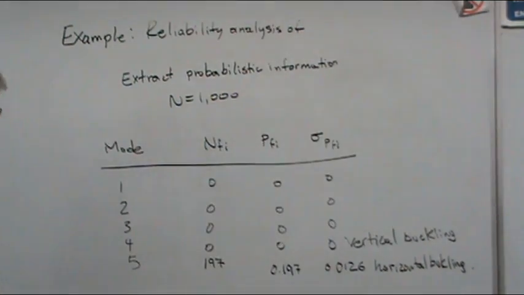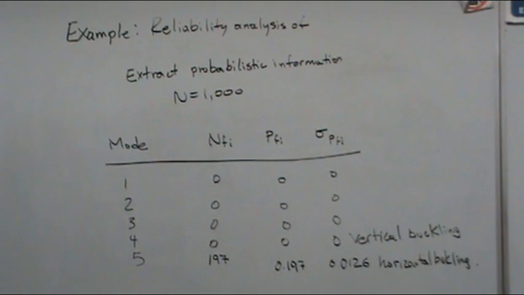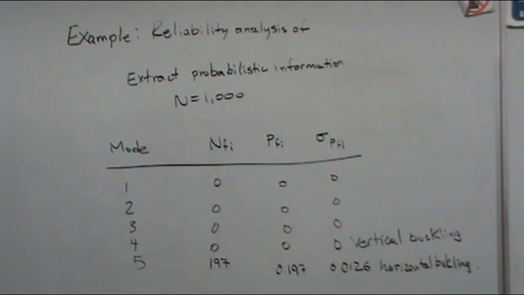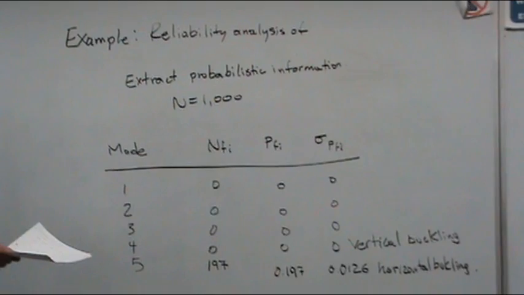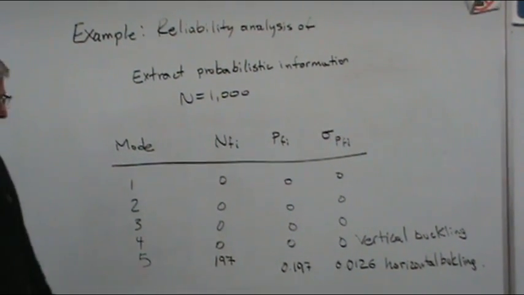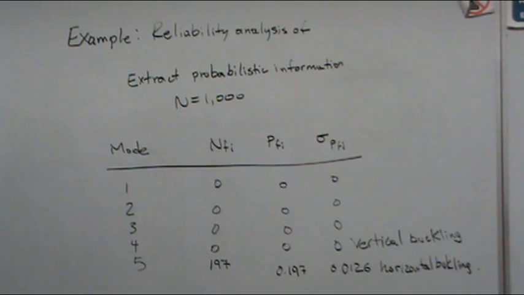So looking at these numbers, what do you conclude? Well, the first conclusion is that if the system fails, it's going to fail because of horizontal backlink. Okay, that's the major conclusion.